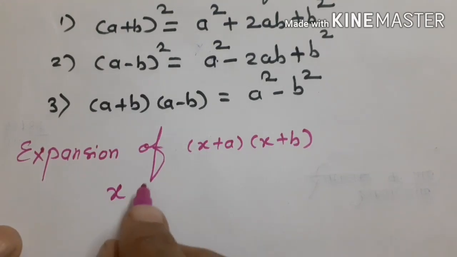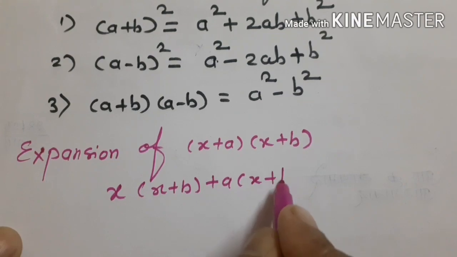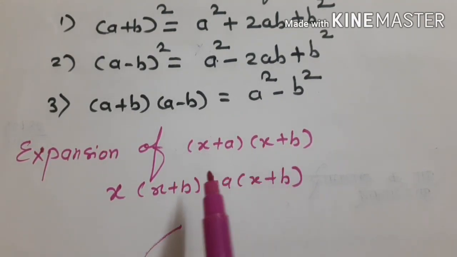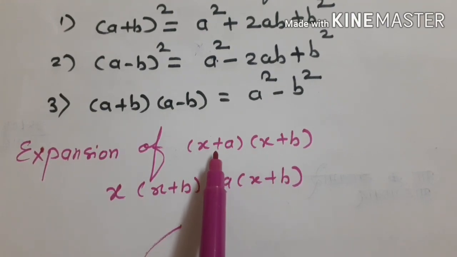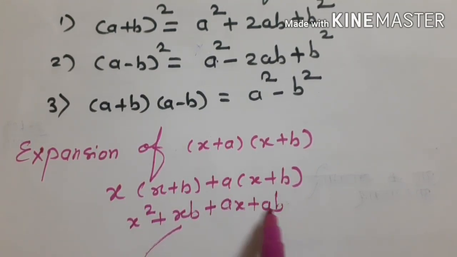Now let's start how we can solve this expansion. x into (x plus b) plus a into (x plus b). This bracket is multiplied by this bracket. We multiply the first term into the second bracket plus the second term into the second bracket. x into x is x square, plus x into b is xb, plus ax plus ab.